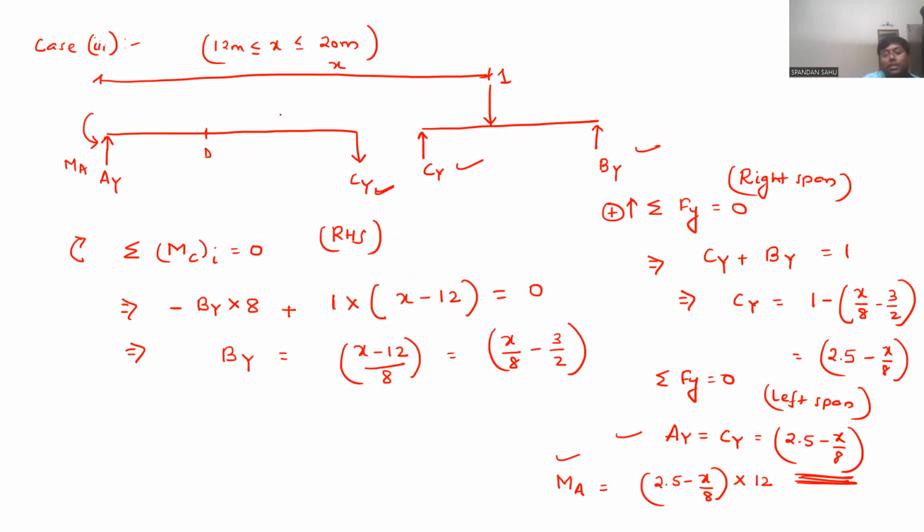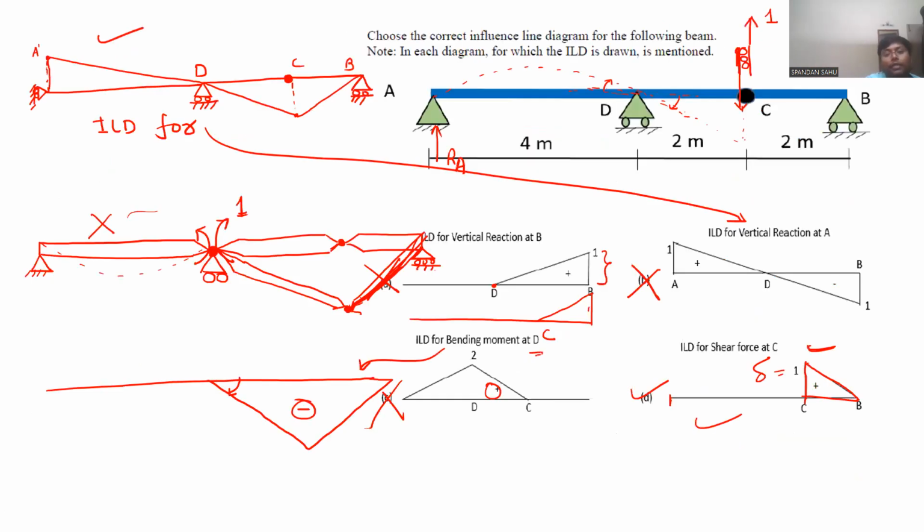I am telling you, just put the unit load here between A and D. Write all the reaction forces. Shift the unit load when it moves between D and C. Again, write all those reaction forces. Similarly, for span B and C, shift the unit load, write all the equations.